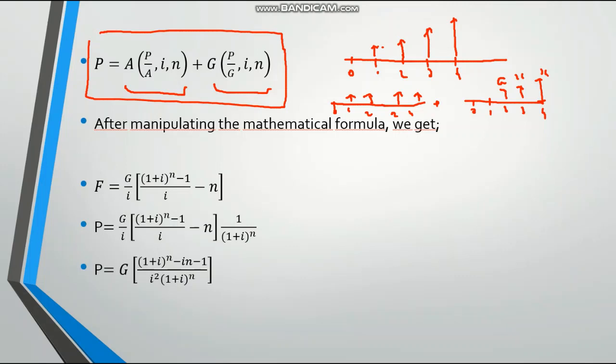I'm going to show you in tabular form how we are going to calculate it in this class, and with mathematical manipulation, using this G, which is the arithmetic increase value. If A is 100, then we have 100, 110, 120, 130, 140. So we know the increase is $10 each year.